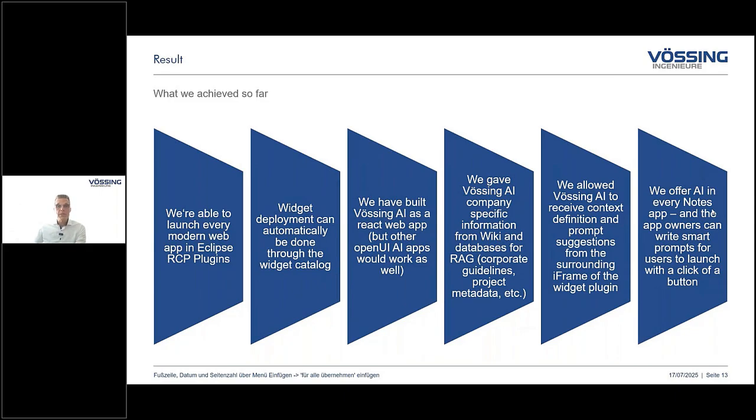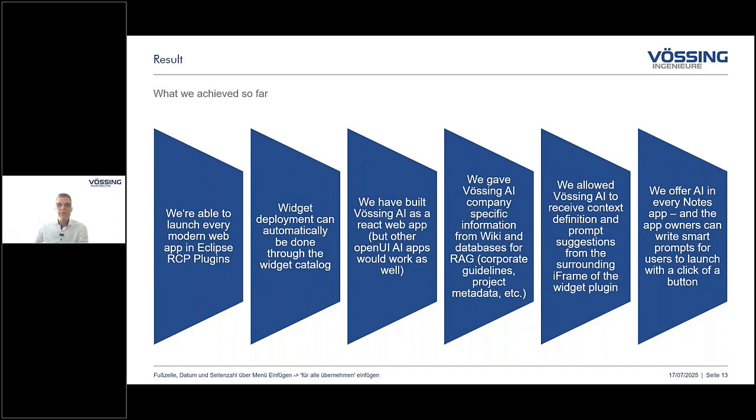We have built Vössing AI as a React web app, but there are other OpenUI apps. I don't know whether you know it, but there are OpenUI repositories that are ChatGPT clones as well, a good starting point for you probably to build your own service. So we have built Vössing AI from scratch, but you must not.